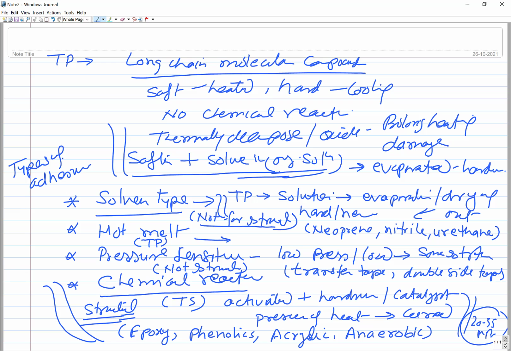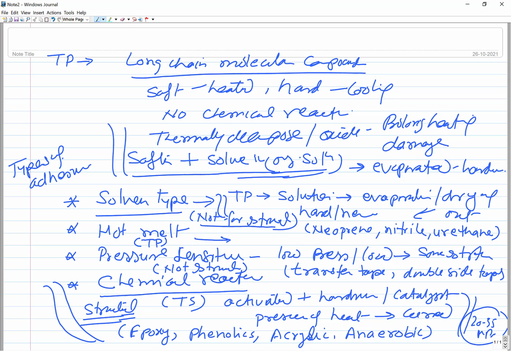As compared to typical weld joints, this strength is nowhere near, but when it is used in combination with conventional joints, you get multiple benefits. So adhesive joining may be used in combination with other joining processes.